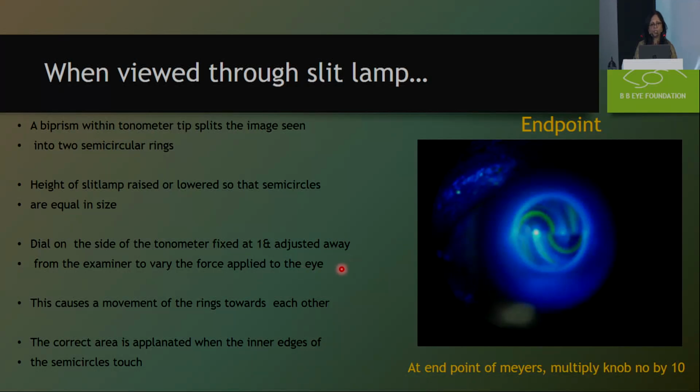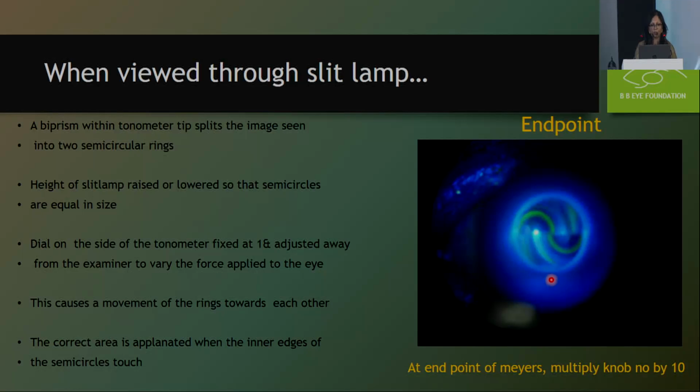A biprism within the tonometer tip splits the image as seen in the two semicircles that you see here. You should adjust your slit lamp so that the height of both these semicircles is equal. There's a dial on the side of the tonometer which is fixed at 1, and then you move your slit lamp for the prism to touch the cornea of the patient very lightly.